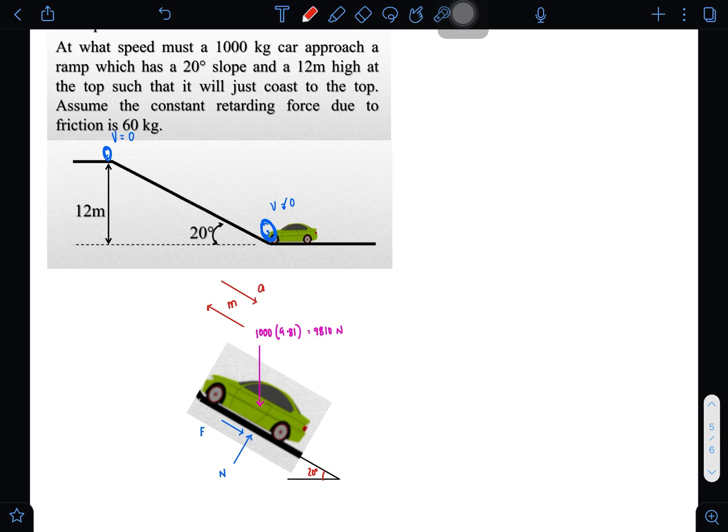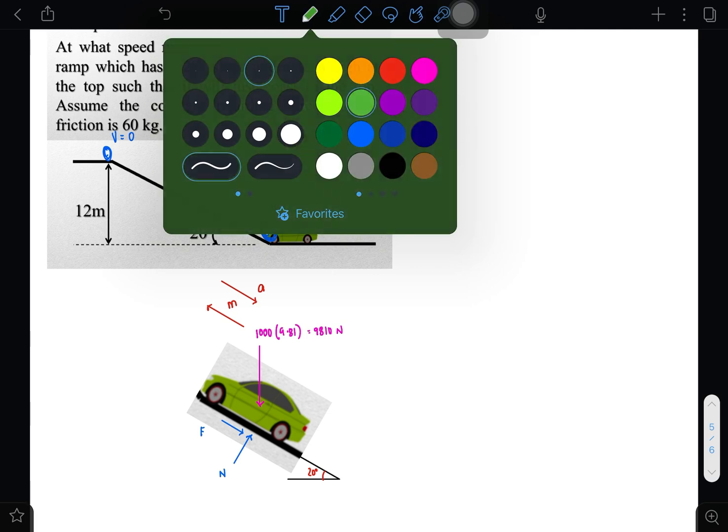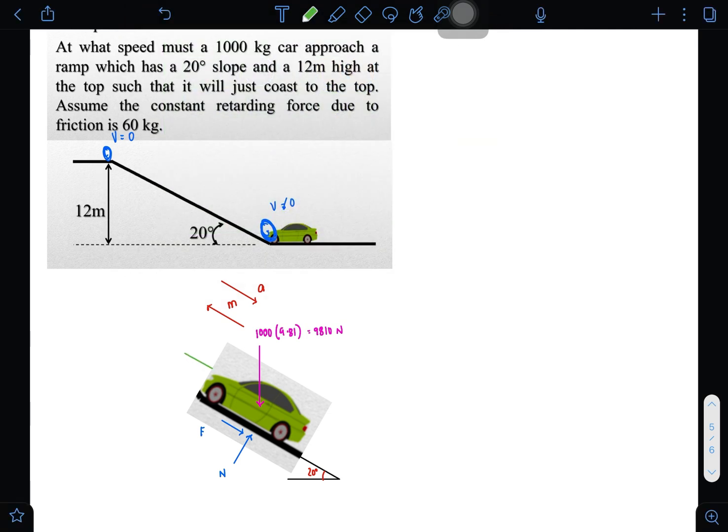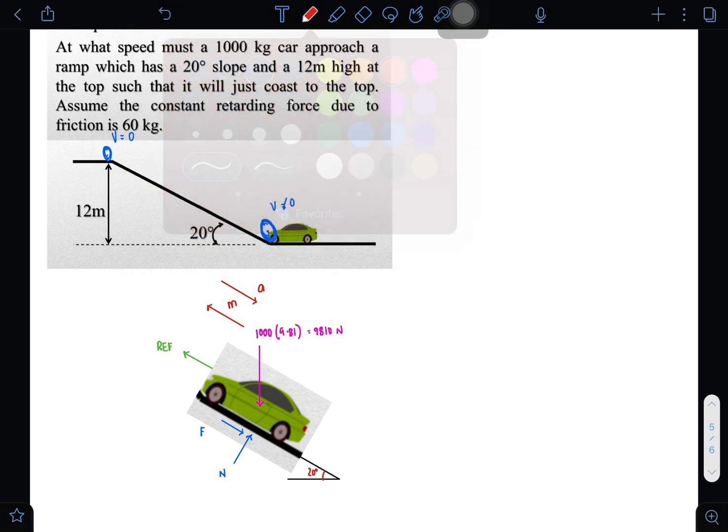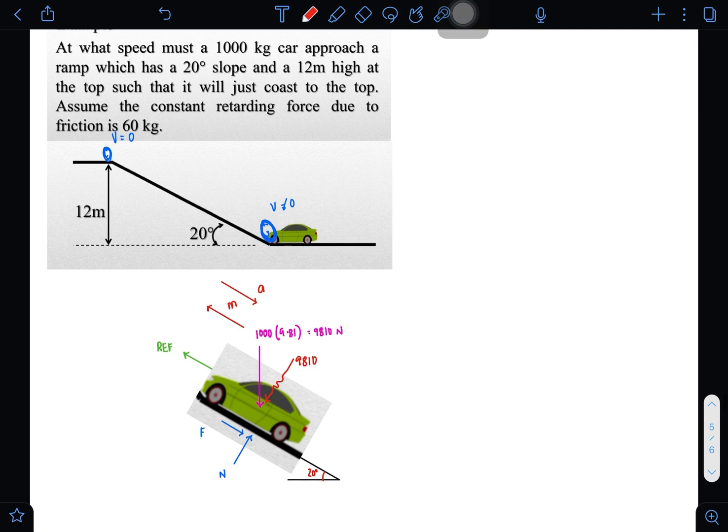So therefore the resultant force is directed there. And of course we need to get the components. This is 9810 cosine of 20.